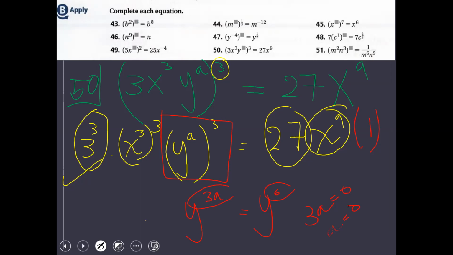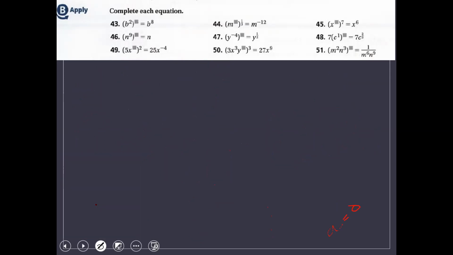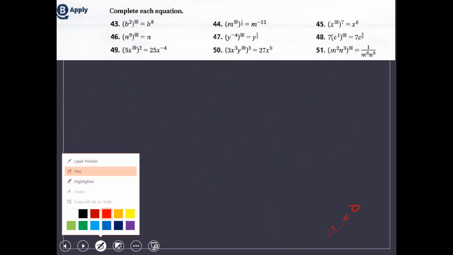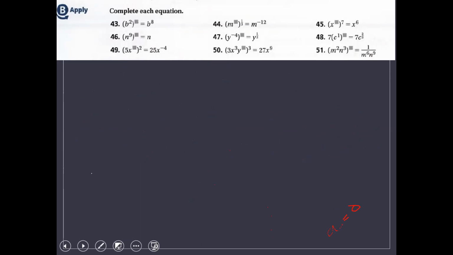Let's now do number 55, 51, sorry. Number 51: m squared n cubed raised to the power x.